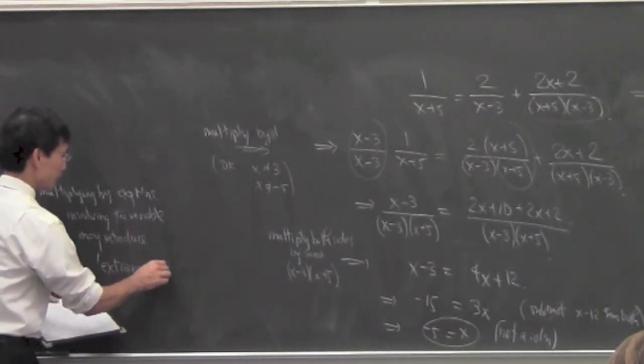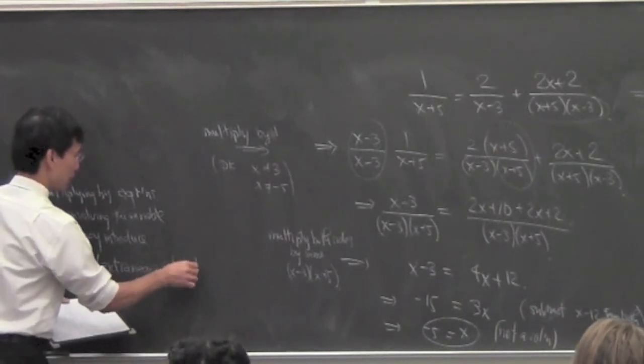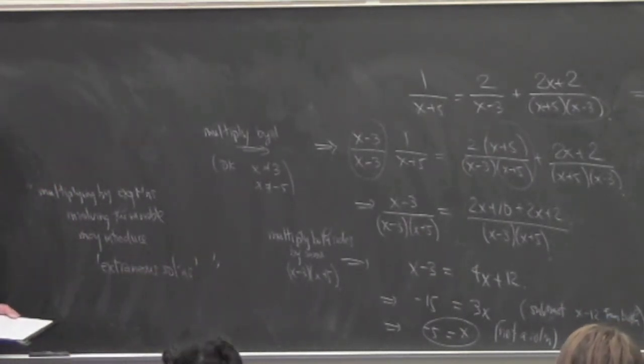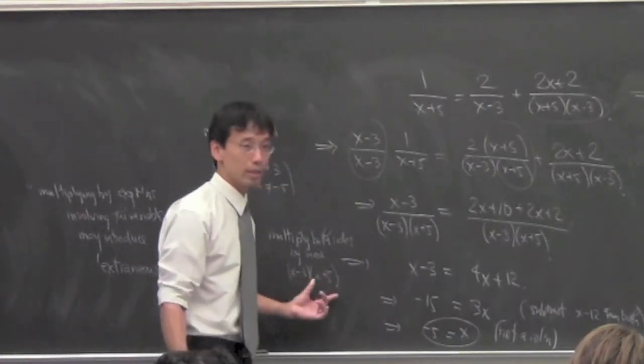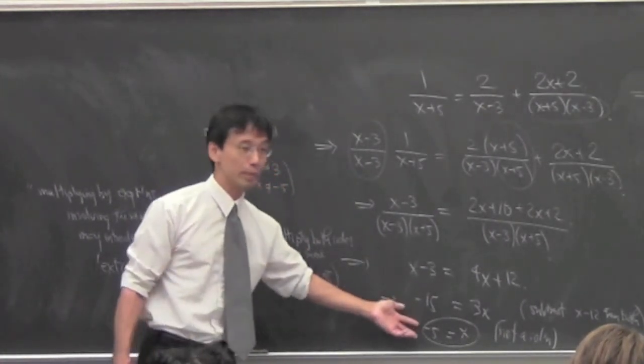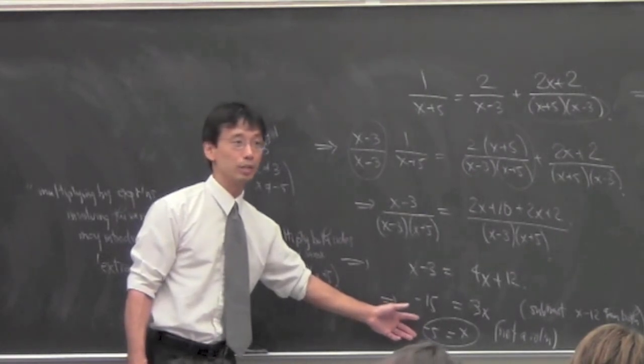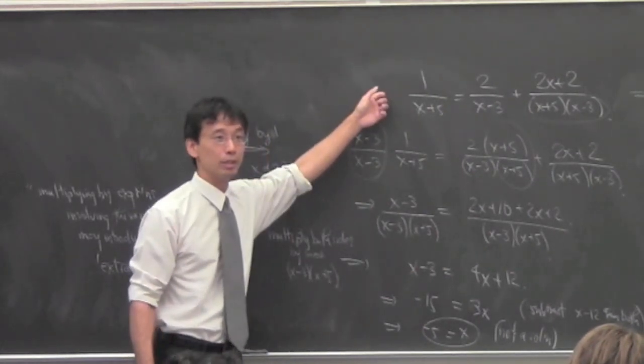So like fake solutions, extra solutions. So at a couple points, we multiplied by things involving the variable, and it turns out that we introduced this fake solution that didn't work in the original.